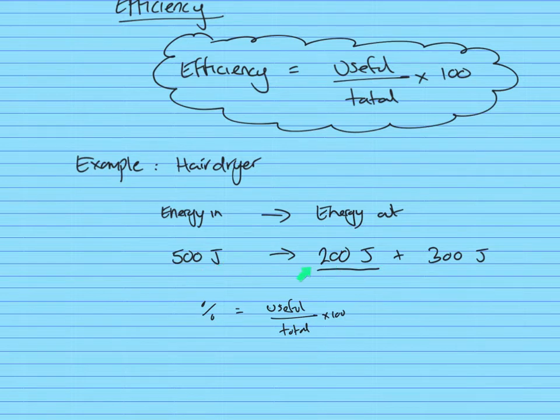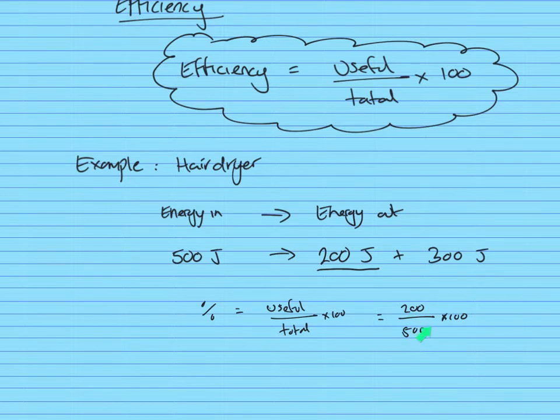Then I would actually replace these values. What's my useful energy here? It's 200. So this is 200 over, what's my total energy? My total energy going in is 500, times 100. Now when you do this on a calculator, I would put 200 divided by 500 and then press equals.